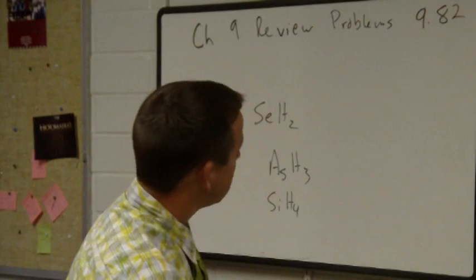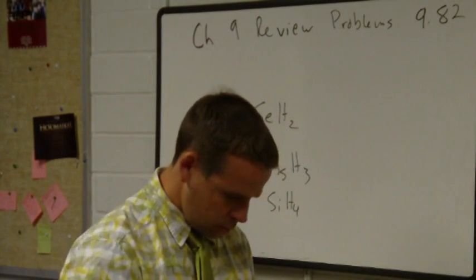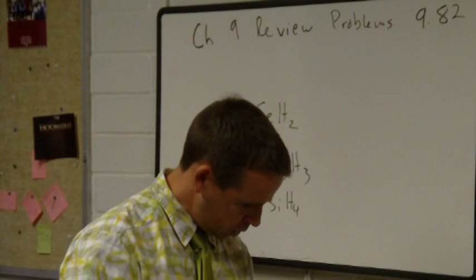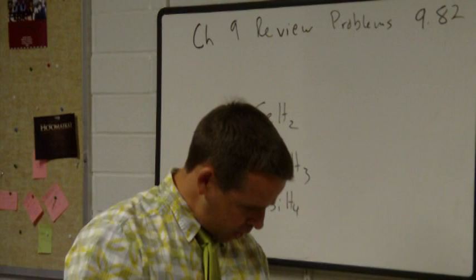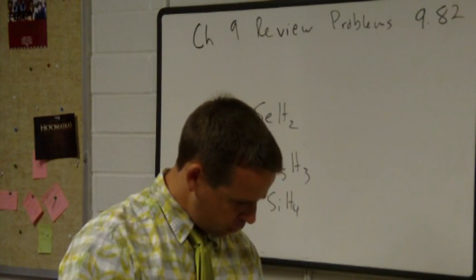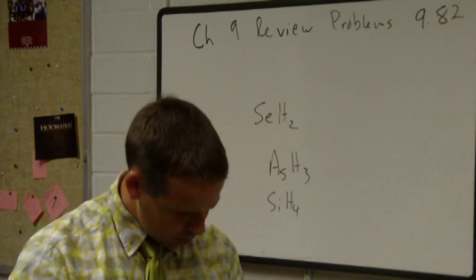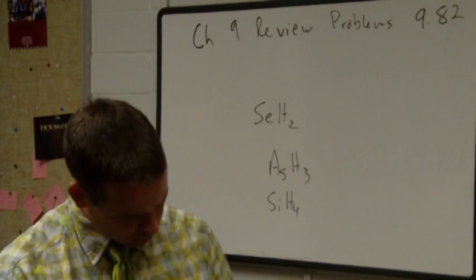Okay? Anything else they're asking for? Let's see what we did. H2Se, H3As, and SiH4. So, I'm not sure why they put the hydrogens in front for the selenium and the arsenic and not for the silicon.